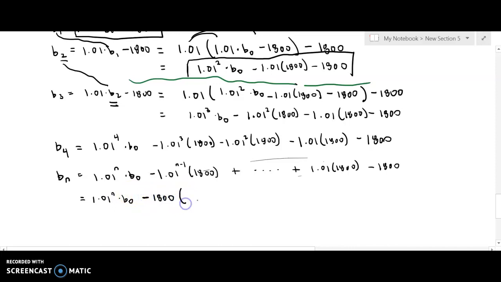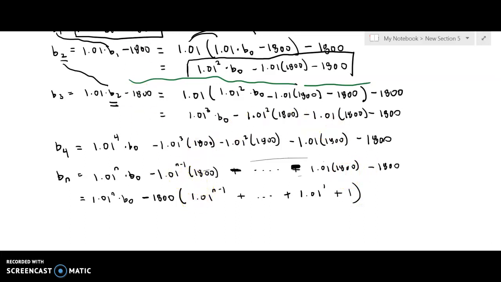That way what I have left is 1.01, and sorry, these are all minuses here. These should all be minuses. 1.01 to the n minus 1 plus 1.01 to the n minus 2, all the way till we get to 1.01 to the first. And then if I factor out a negative 1800 here, I'll just have a plus 1.